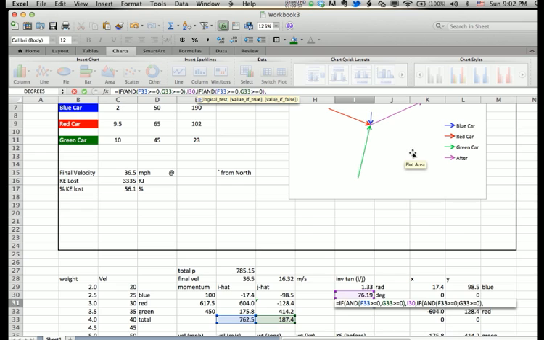Okay, let's look down. Let's say it's down here in this quadrant. So if F33, that's my I hat, is still greater than or equal to 0, but J33 is less than or equal to 0, in this case, then what I want to do is take I30 plus 180, comma.